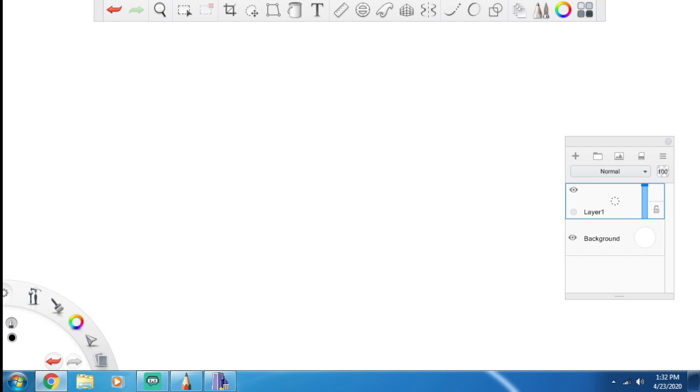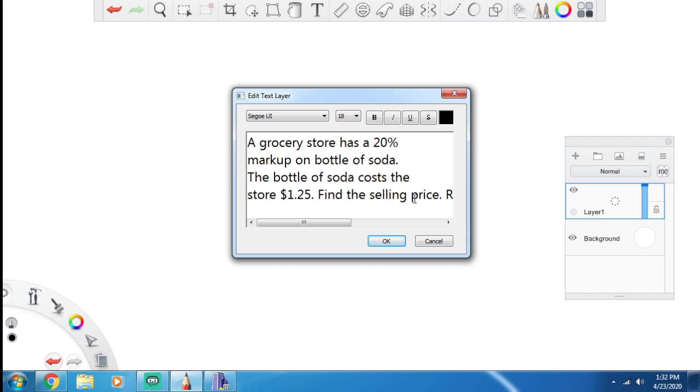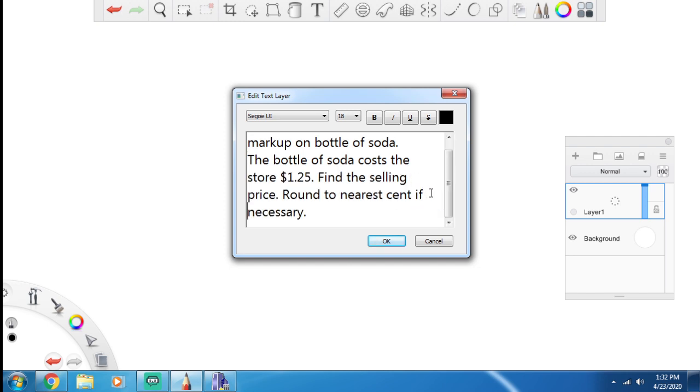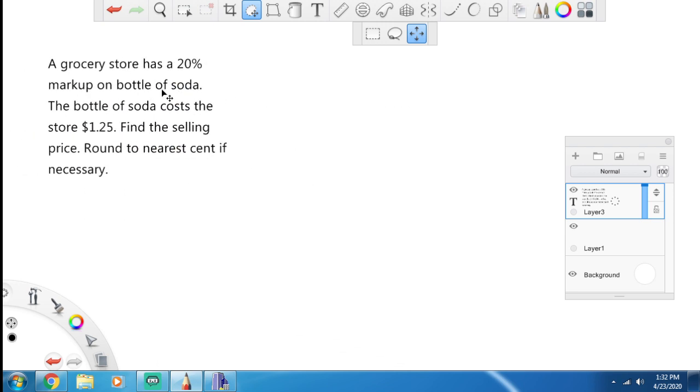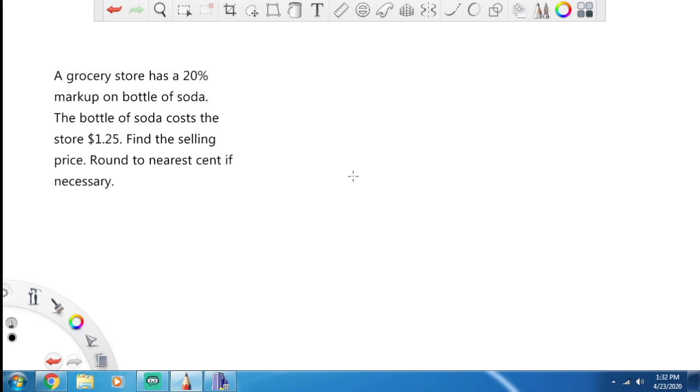Let's do a markup problem, because this is what we did. This is number 6 on your assignment. This here's a markup problem. Now remember, your markup is going to be equal to whatever the store paid for it.